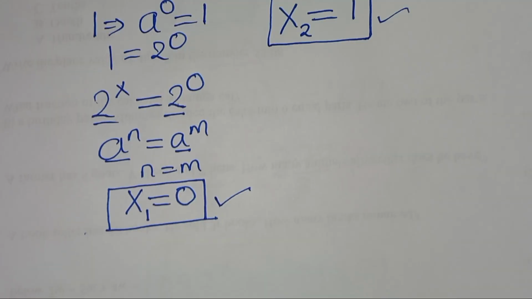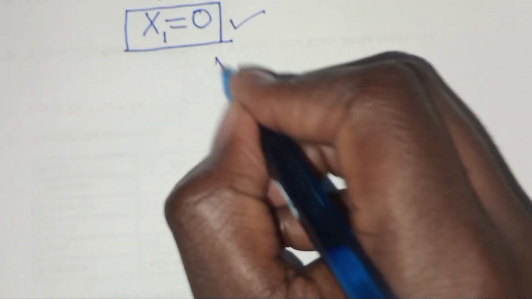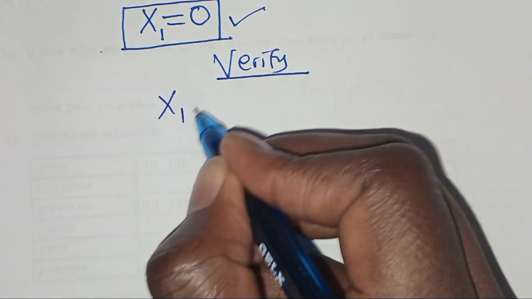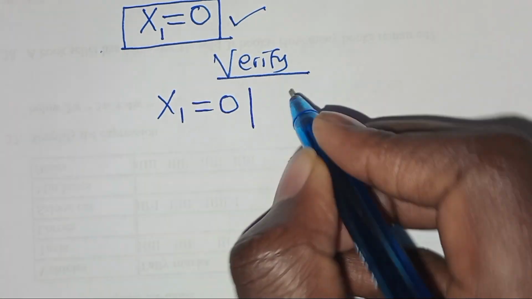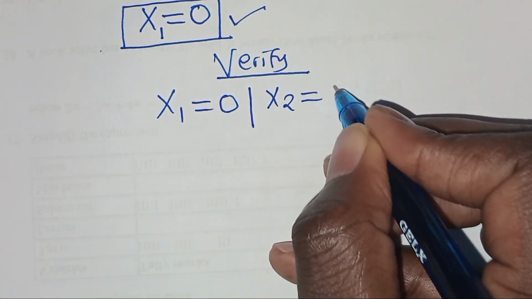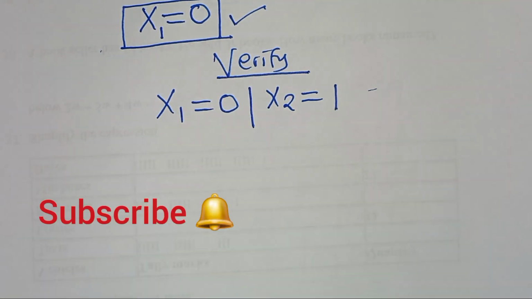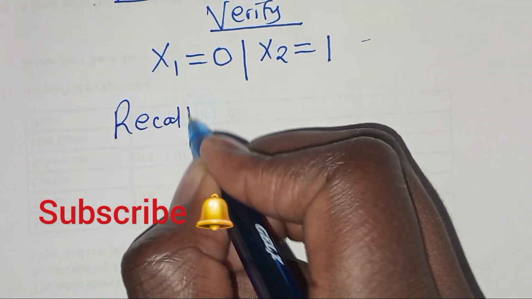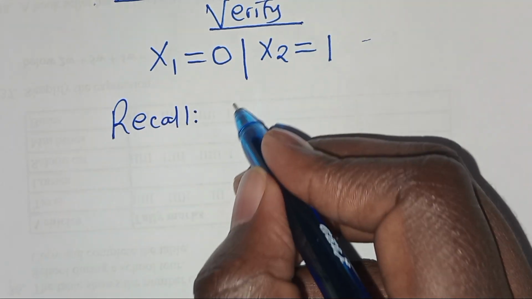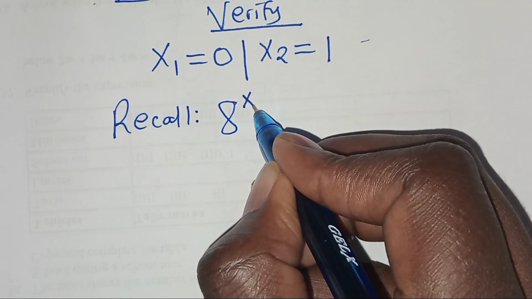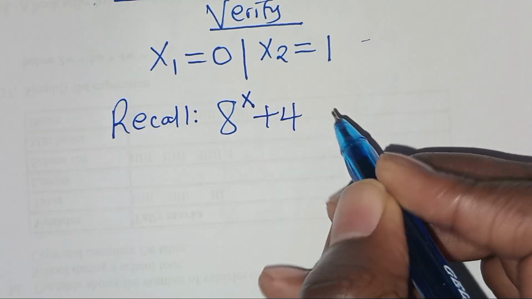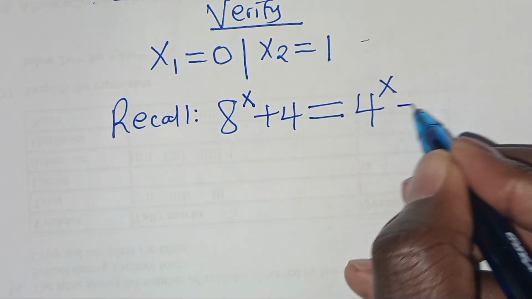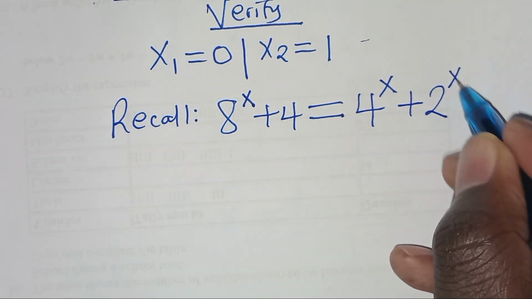So the next step is let's verify that x1, which is equal to 0, and x2, which is equal to 1, satisfies the equation. Now, if you recall here, we entered 8 to power x plus 4 equal to 4 to power x plus 2 to power x plus 2.